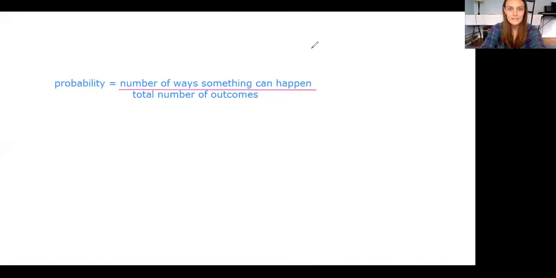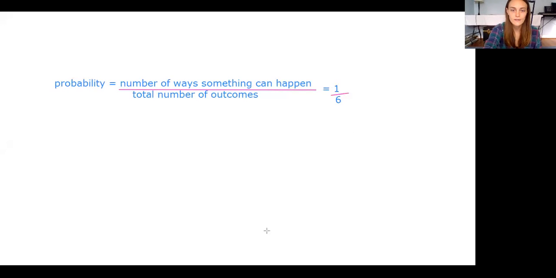I did not get it. So we could say that the probability of rolling a 1 on a dice is going to be one way of rolling a 1 over 6 possible outcomes. So the probability of me rolling a 1 is 1 out of 6.